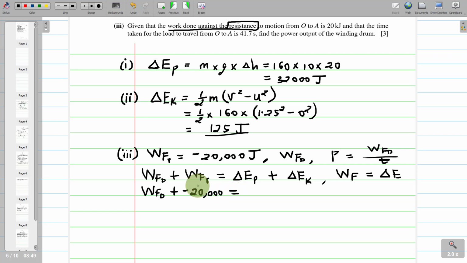I have already explained why the negative sign is used here. This will be 32,000. This is a very small amount, 125. And the work done by the driving force will be 52,125.